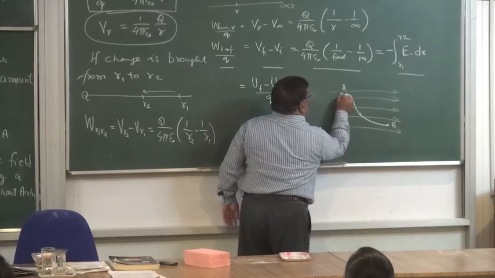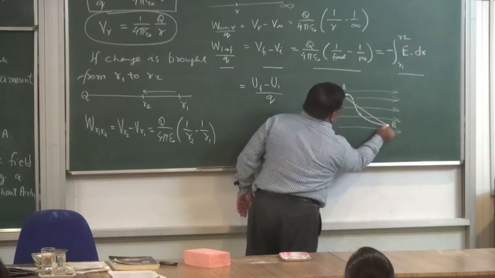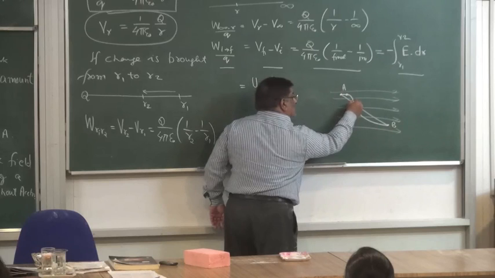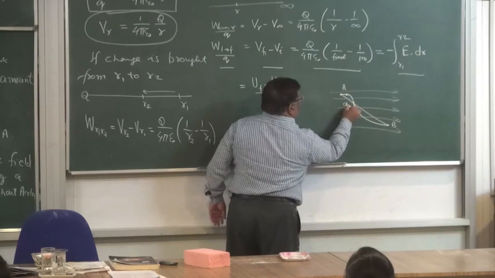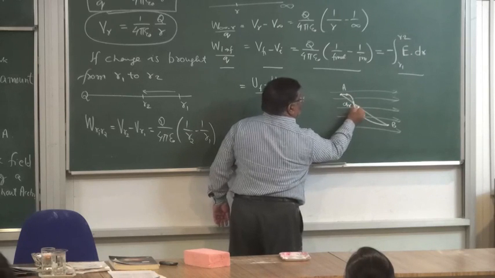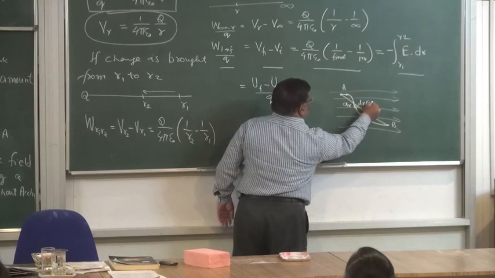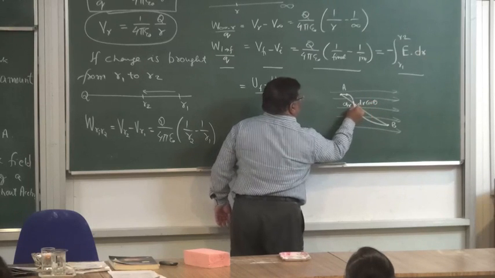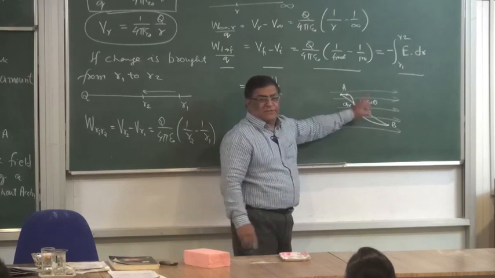The answer is, at every point, if I draw this straight line, this is dr, this angle is theta, and this length is how much? Dr cos theta.